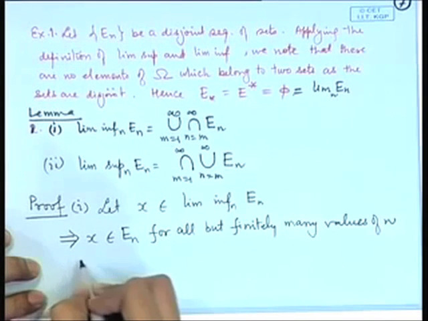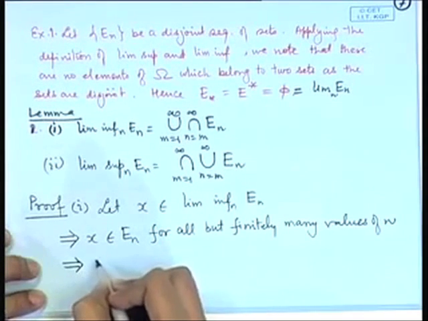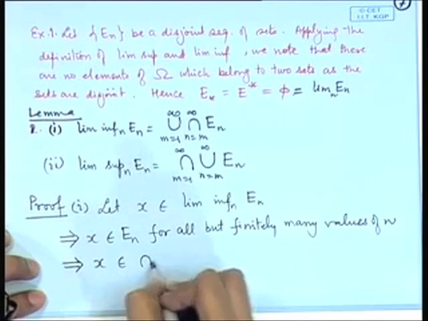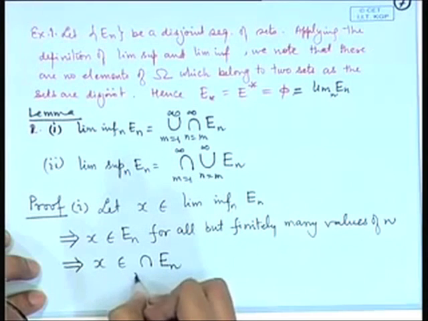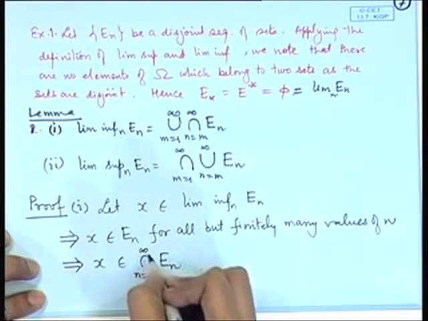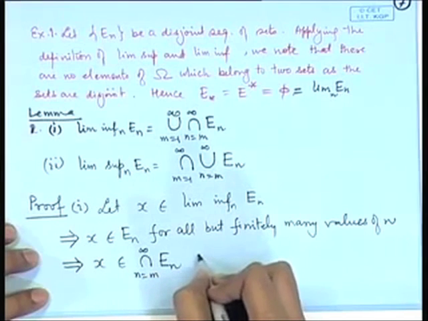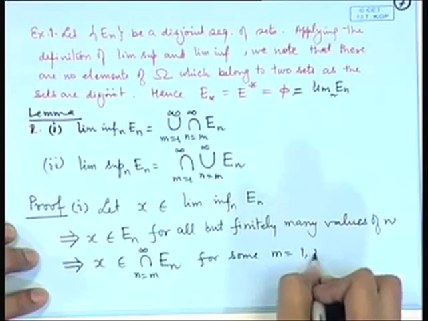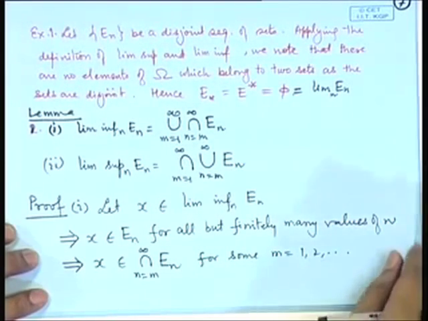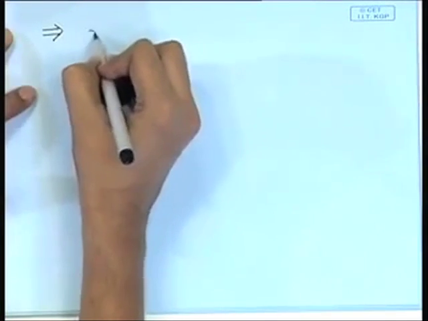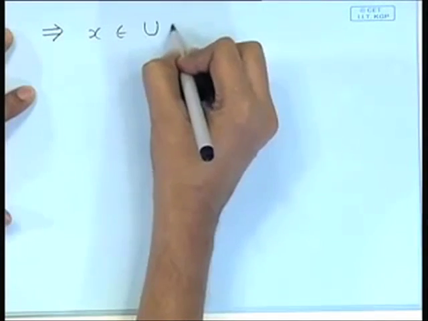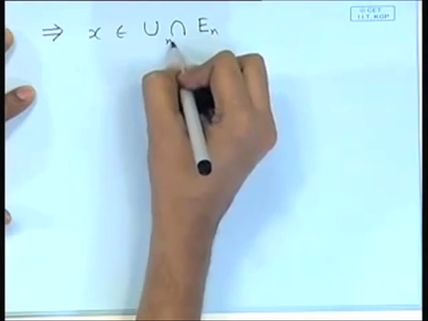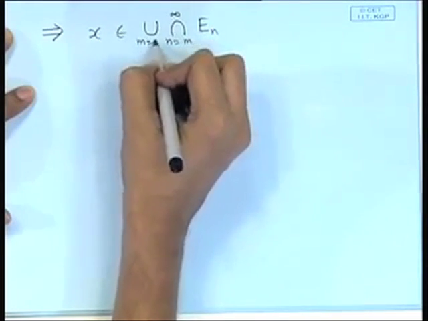This implies that from a given m onwards, x will belong to all the sets En. That means x will belong to the intersection of En, n is equal to m to infinity, for some m is equal to 1, 2, etc. Clearly, this implies that x belongs to union intersection En, n is equal to m to infinity and m is equal to 1 to infinity.